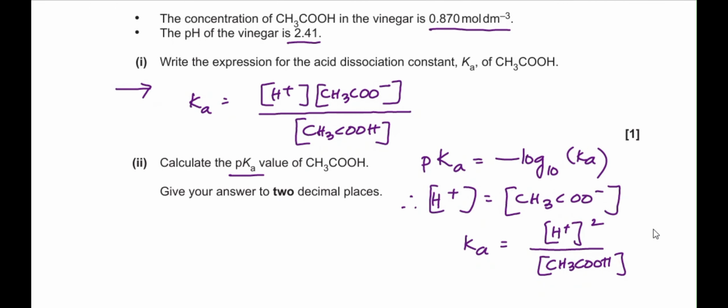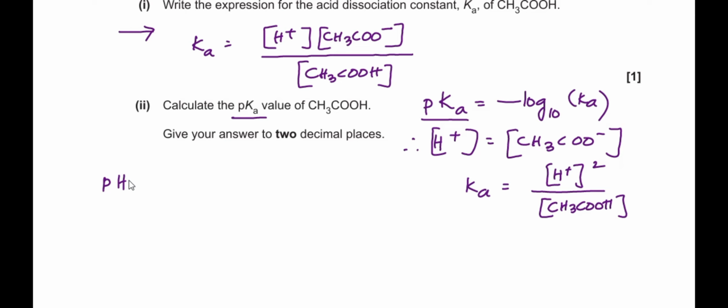So the strategy for this question is we will find hydrogen ion concentration from the pH value that's given to us. We already know the concentration of the acid. From that we can find the Ka, and from there we can find pKa. We know pH is equal to minus log to the base 10 of hydrogen ion concentration. Mathematically this is equal to log to the base 10 of hydrogen ion concentration to the power of minus 1.